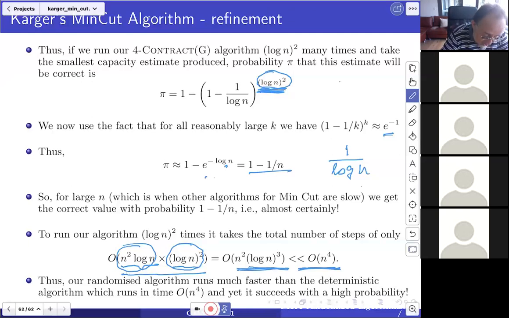Amplification of probability is just omnipresent. These estimates of this form are all over the place.